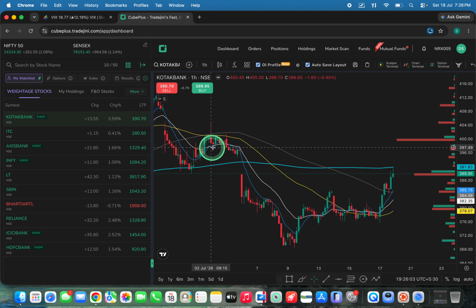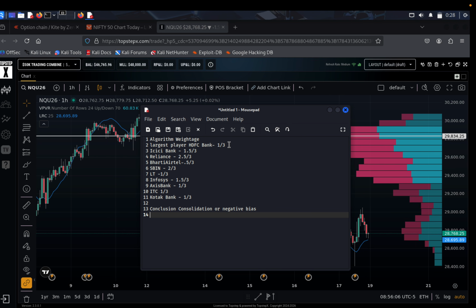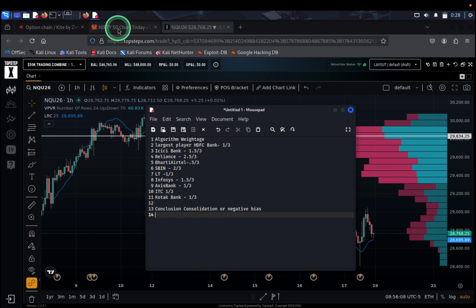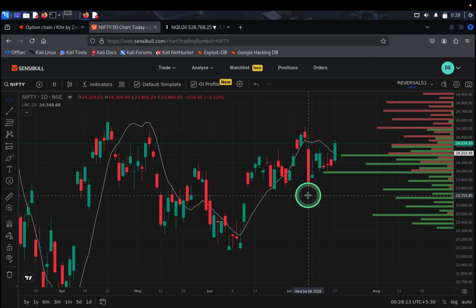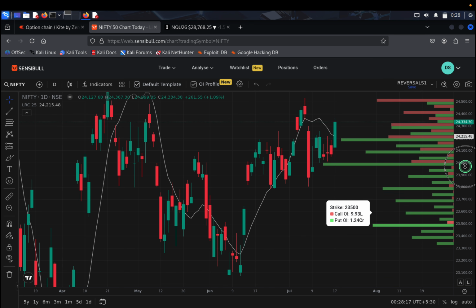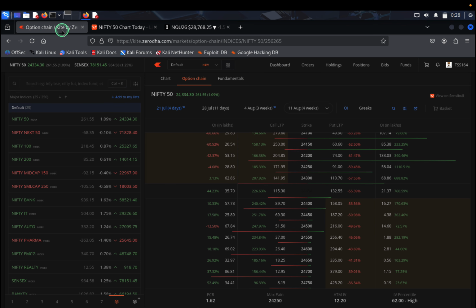The rest of the factors are judging the open interest, OI data, and some positional checkup. So for the positional checkup, we go to the open interest data and see which is the resistance point and which is the support area.